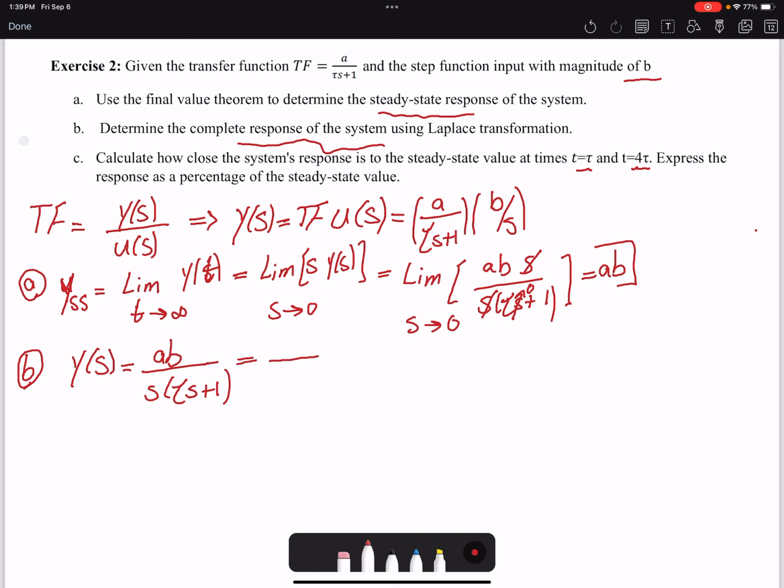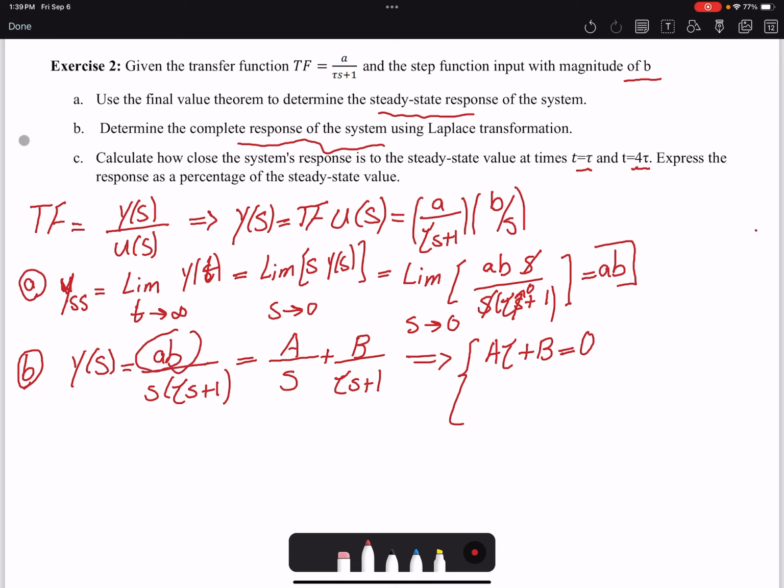I can use partial fraction expansion to make it simpler with A and B. Finding A and B, I will have A tau plus B would be 0 because I don't have any coefficient of s in the numerator here.